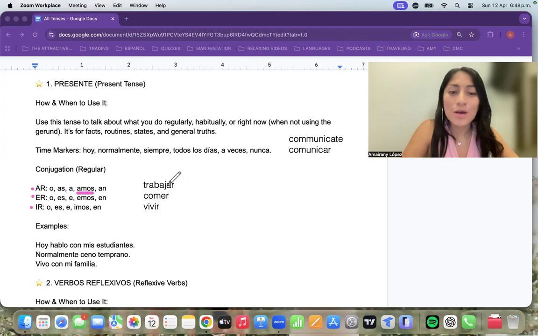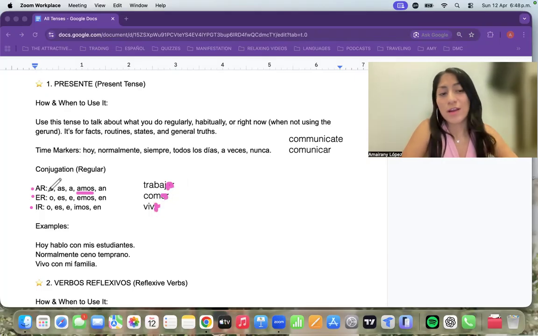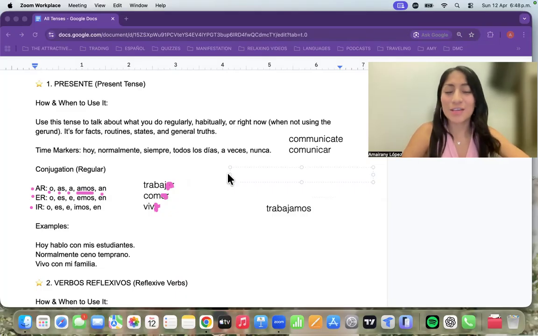So we take out the ending, the ar. We also take out the er and ir, and we replace it with whatever we see here, okay? So we work in the present tense would be trabajamos, okay? Now, what would be your guess for we live? If you said vivimos, that's correct.